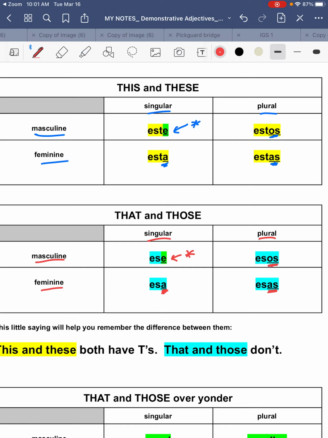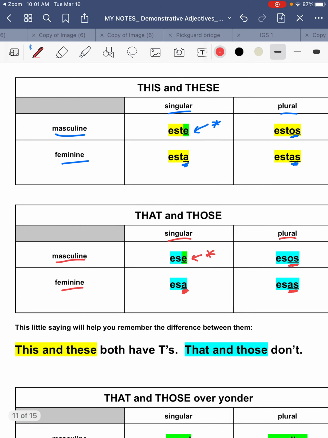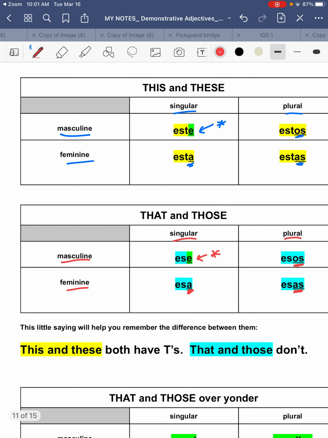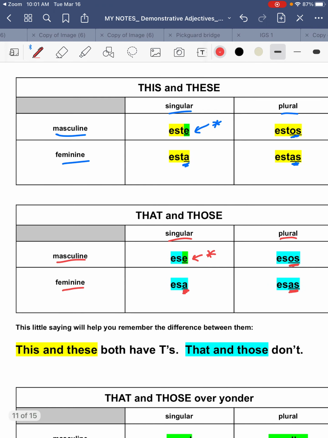Now, if we look at that and those together with this and these, we see there is only one tiny but very significant difference. Este, ese, esta, esa, estos, esos, estas, esas.